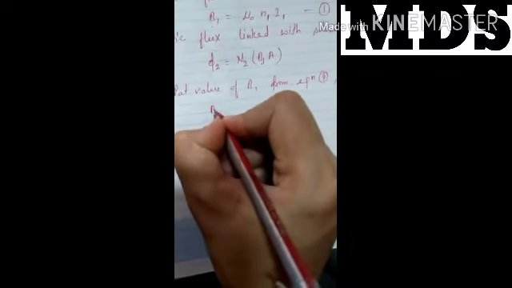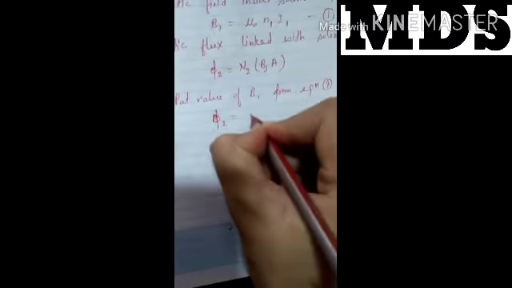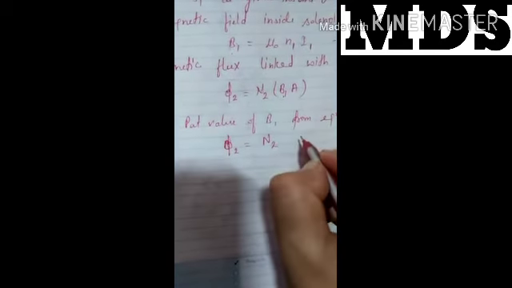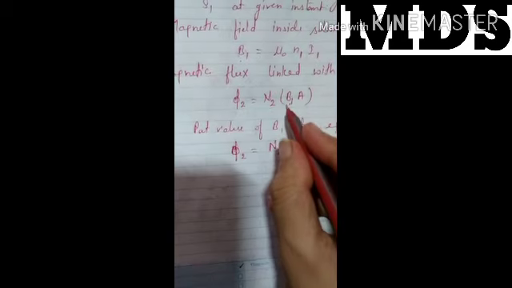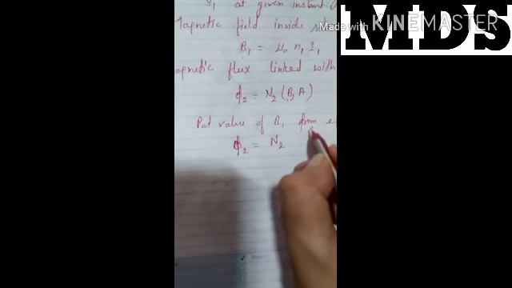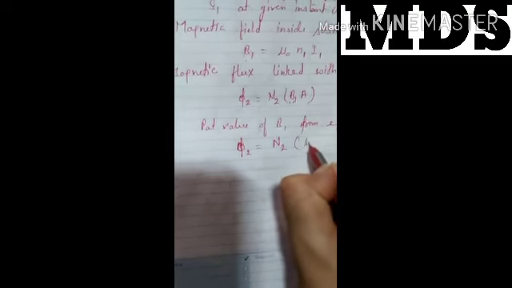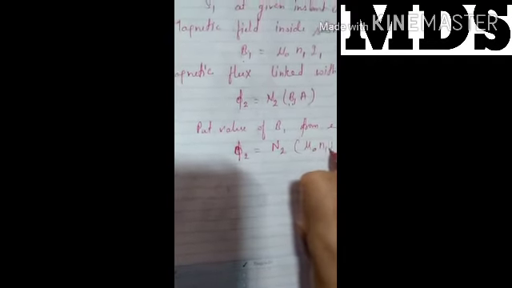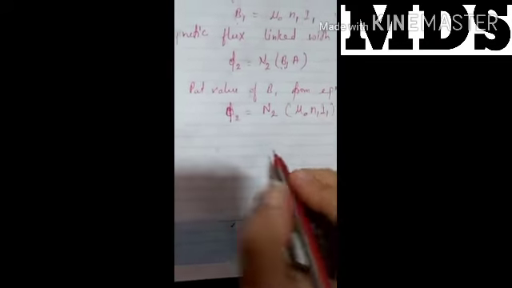Then we can write phi 2 equals N2, and put the value of B1 from here: mu naught N1 I1 A. Clear?